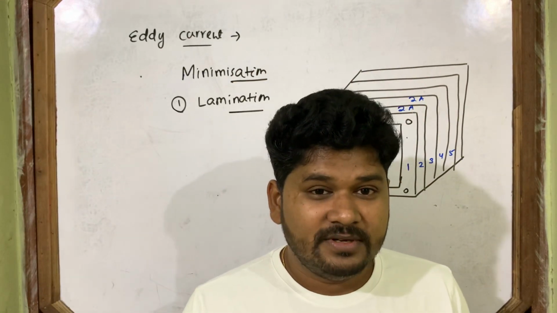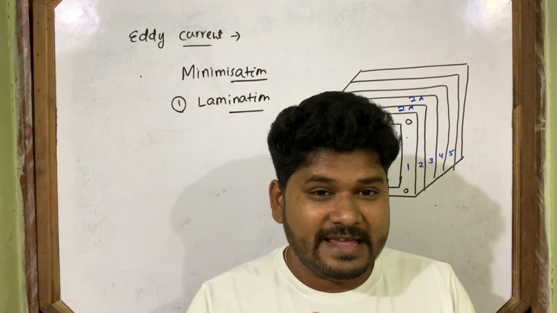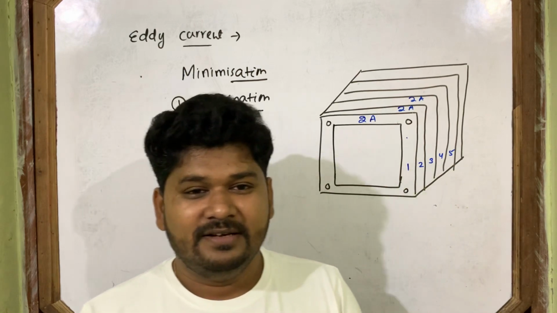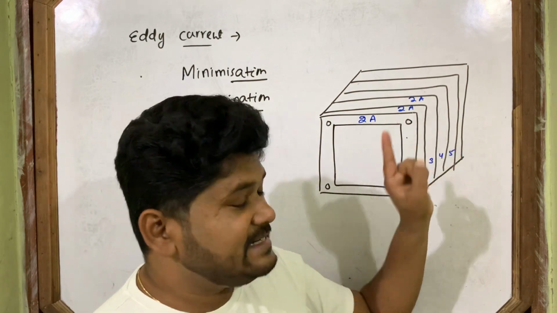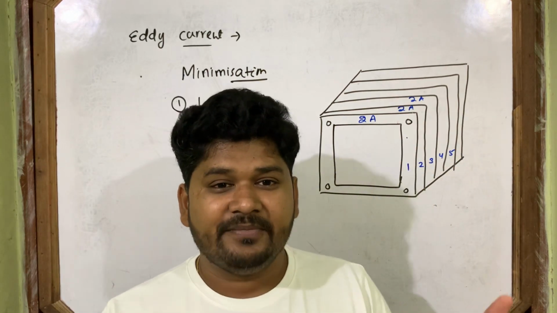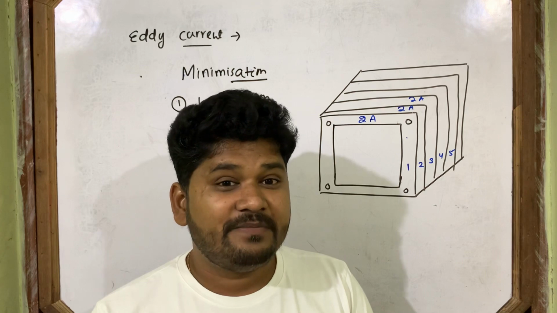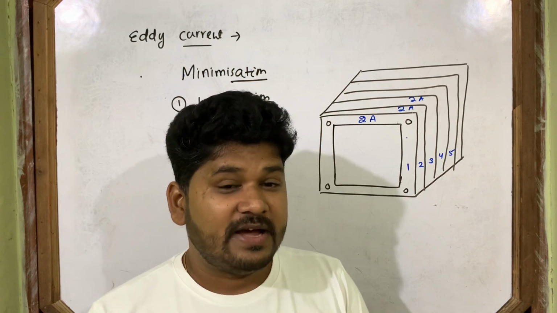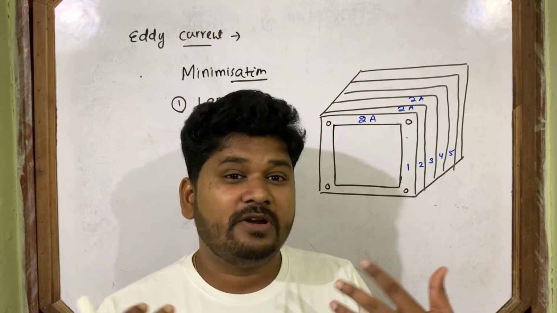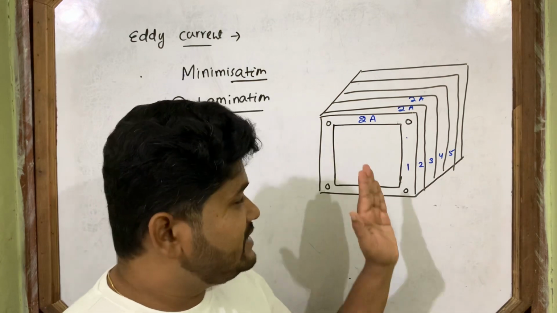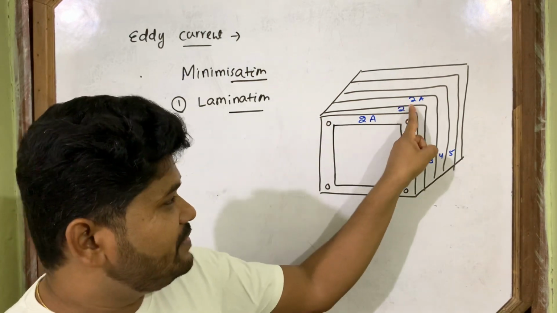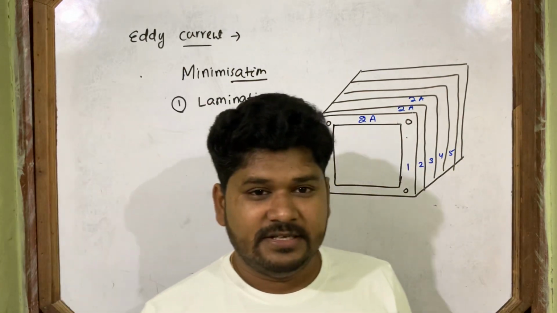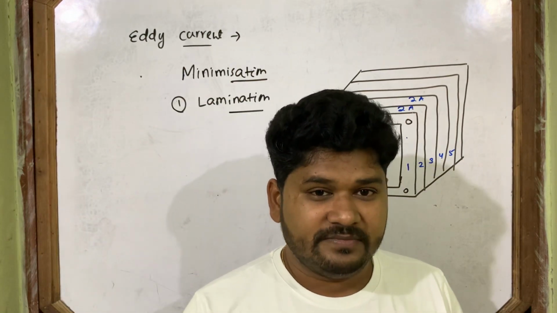But due to lamination, they can't be added. What is the advantage of lamination? The currents of different sheets cannot be added, so the current will not be more. Only this 2 ampere is confined to this sheet, so there will not be 4 ampere.